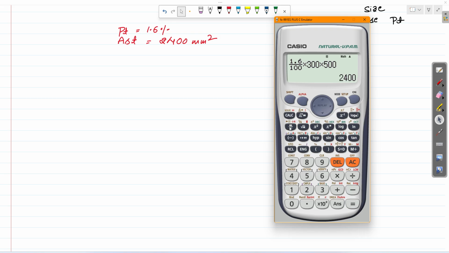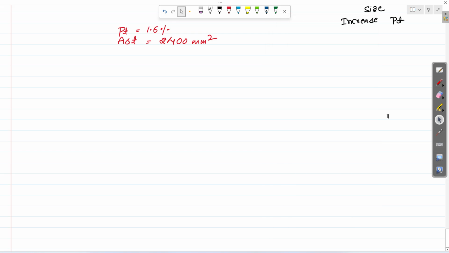So it is 2400 mm square. So we will check maximum and minimum longitudinal reinforcement.